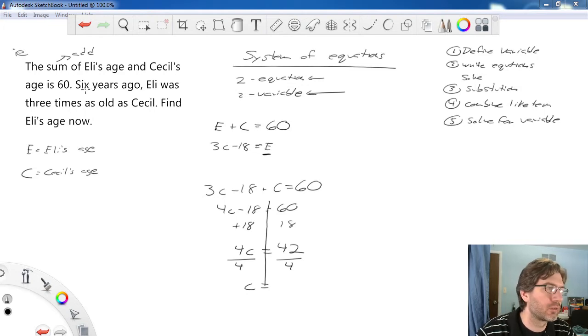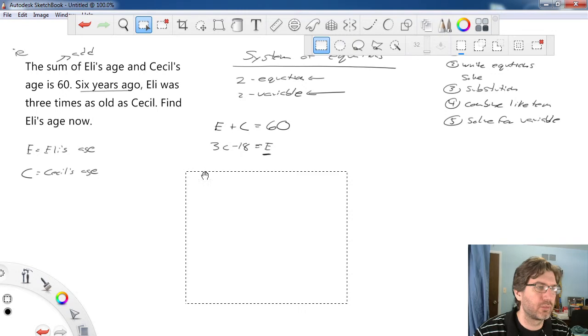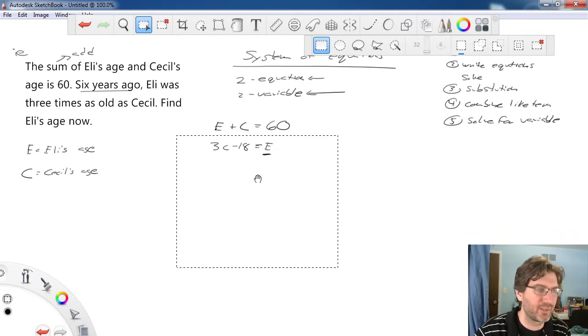I read this wrong. Ellie was 3 times Cecil. I subtracted 6 years from Cecil's age, but not Ellie's age. I've got to subtract 6 years from both ages, because when it's 6 years ago, both ages go down. That's why I'm getting something weird. So again, it takes a little reading here, which is not my strength.